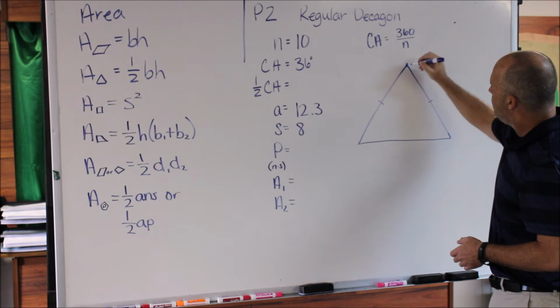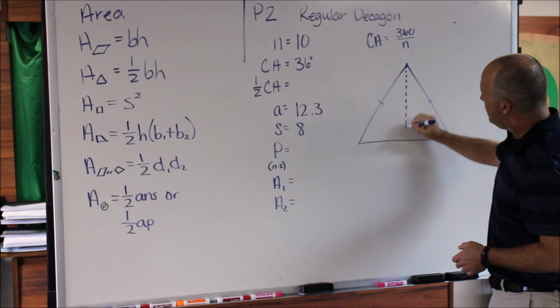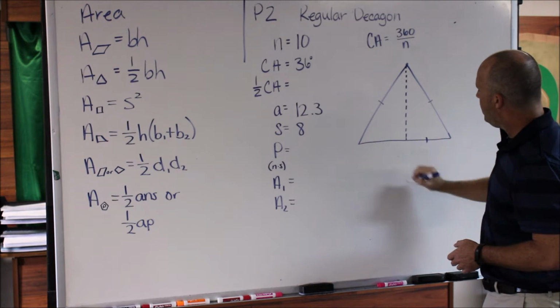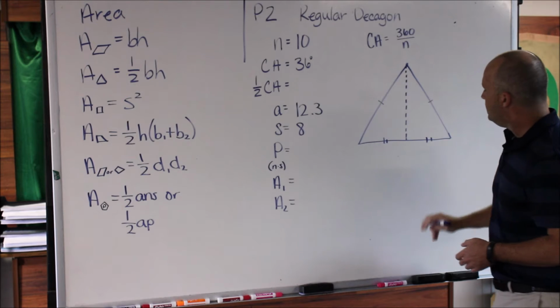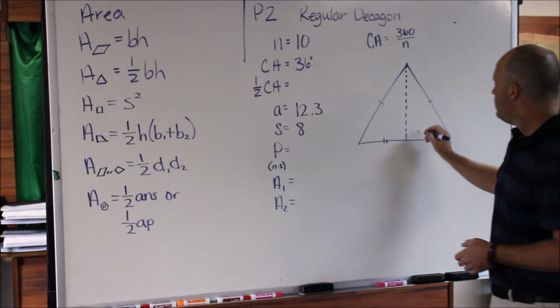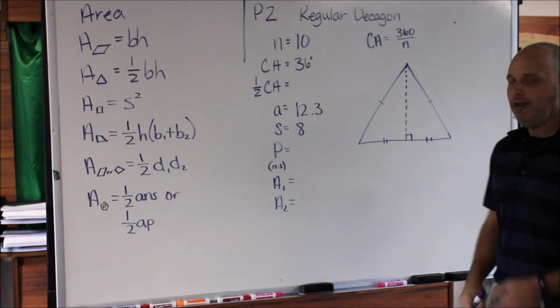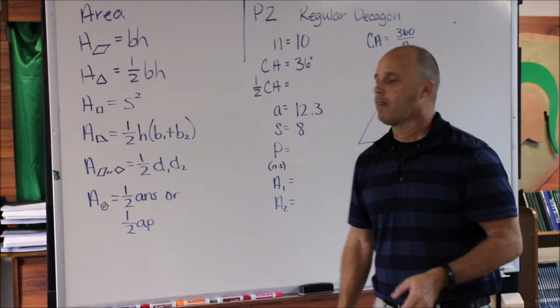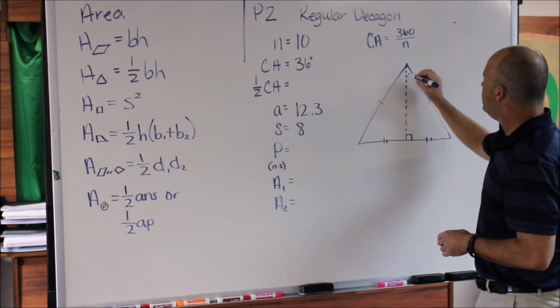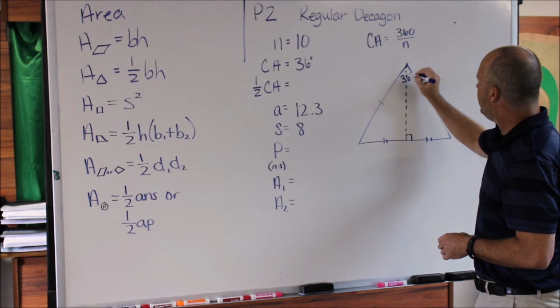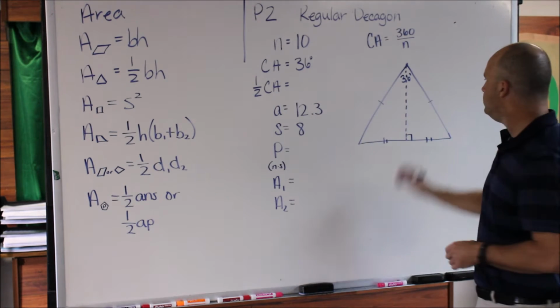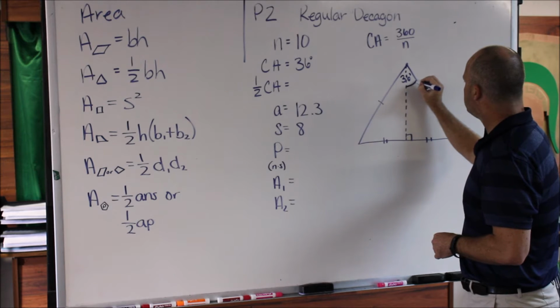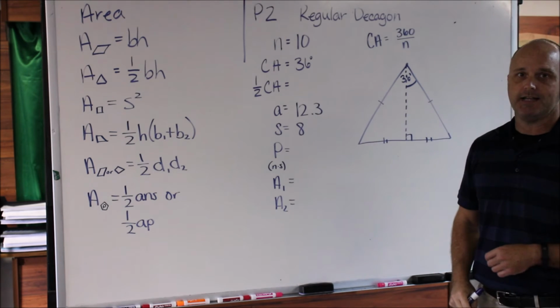Then we're going to draw in the apothem, and remember that the apothem is going to split this into 2 separate segments that are congruent to each other, and the apothem is going to be perpendicular to that side. With all that being said, if this entire angle measure is 36 degrees, then what is the angle measure of the bisected angle?